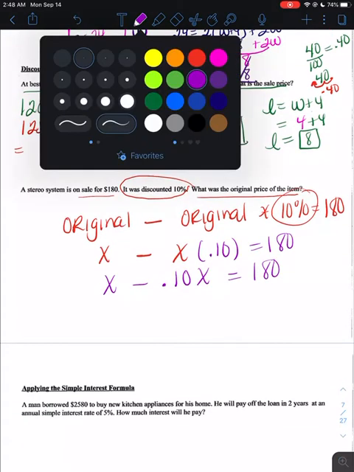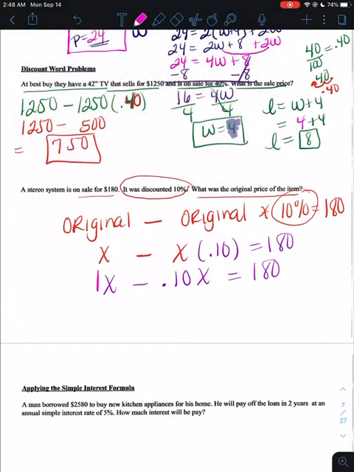Well, how do I solve this? That X in the front has an imaginary 1. So if I do 1 minus 0.10, this is 0.90X, or 90%. So if it's discounted 10%, you're only paying 90% of it.